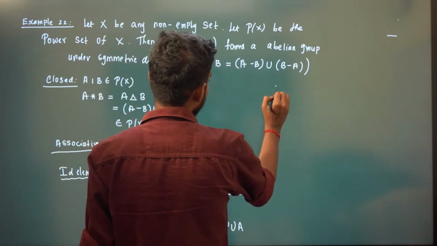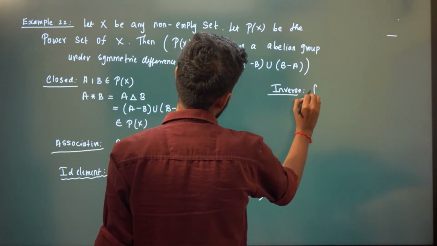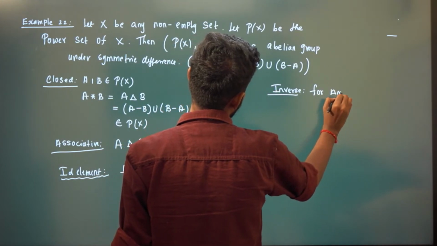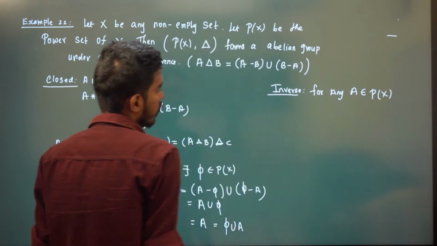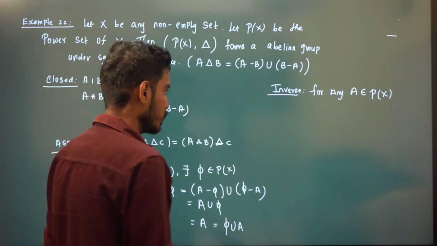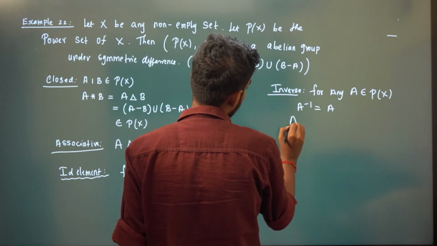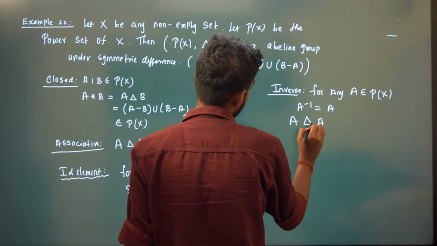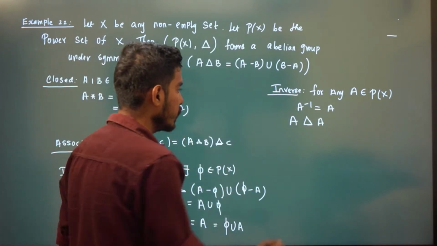And what about the inverse? For any A belonging to the power set of X, the same element is its inverse, right? A inverse is the same as A, because if you perform the operation with A and A again, what will you have?